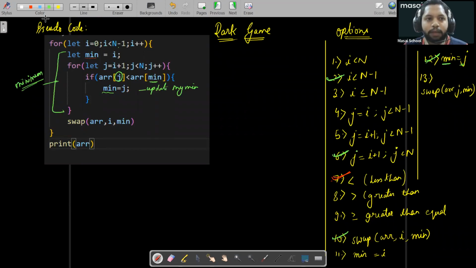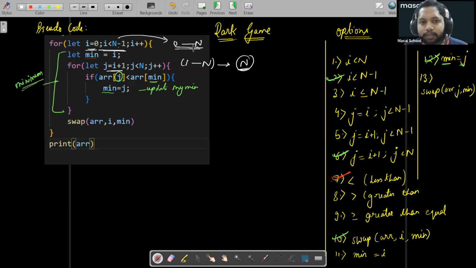Now, what about the time complexity? Let's quickly check the time complexity. I am starting from i equals 0 and going till n minus 1, so in a general way, I am going from 0 to n. And here again, I am starting from i plus 1. Suppose i is 0, then you are going from 1 to n, which is approximately n.